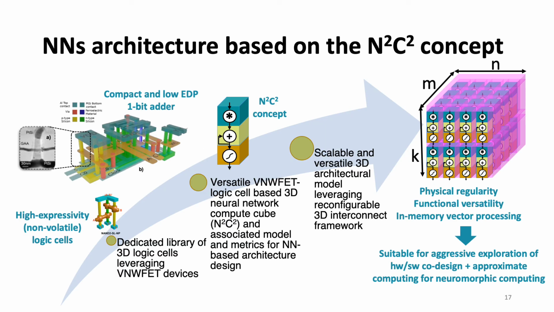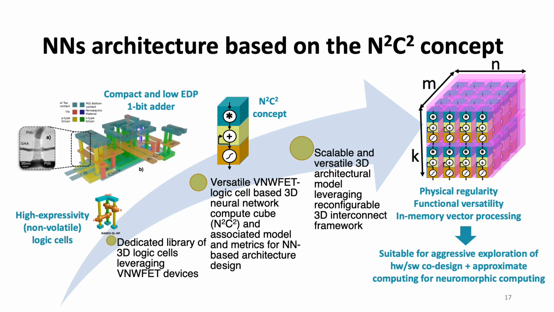Putting all these devices and circuits together, we target the implementation of a flexible computing hardware block for transformer neural networks for machine translation. It is based on a dedicated 3D logic cells library, leveraging the vertical nanowire FET devices, and connects through a reconfigurable 3D interconnect framework to implement a scalable and versatile 3D architecture model.